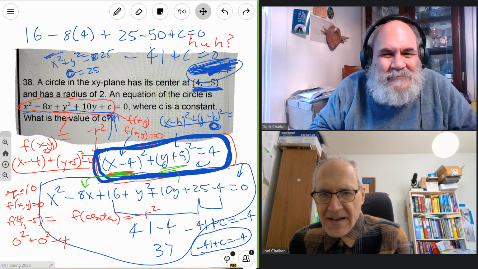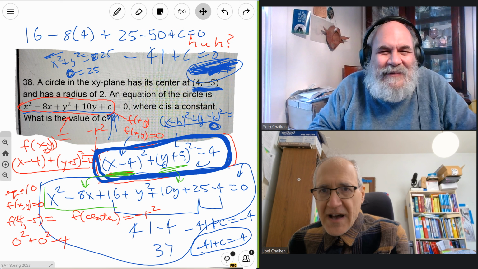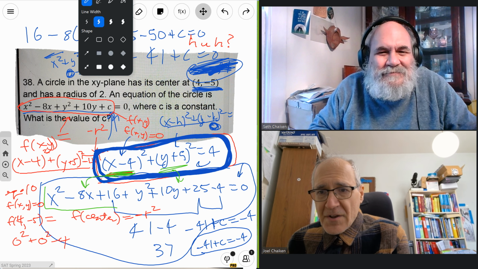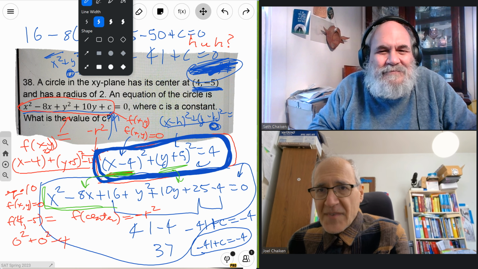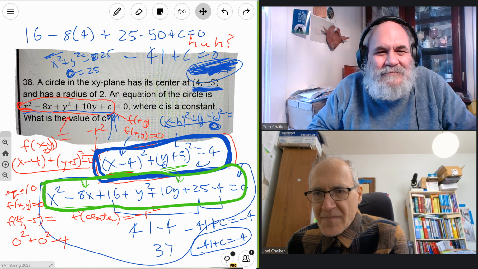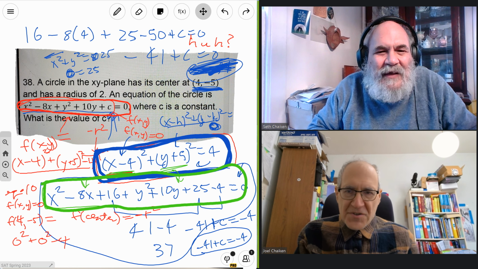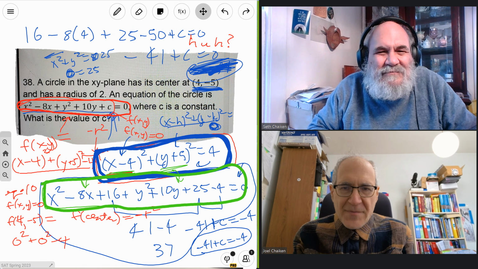You multiply that out, you compare all the terms. You compare the green box to the red box, and then you just pick off C. Yeah, that's the way to go for sure.